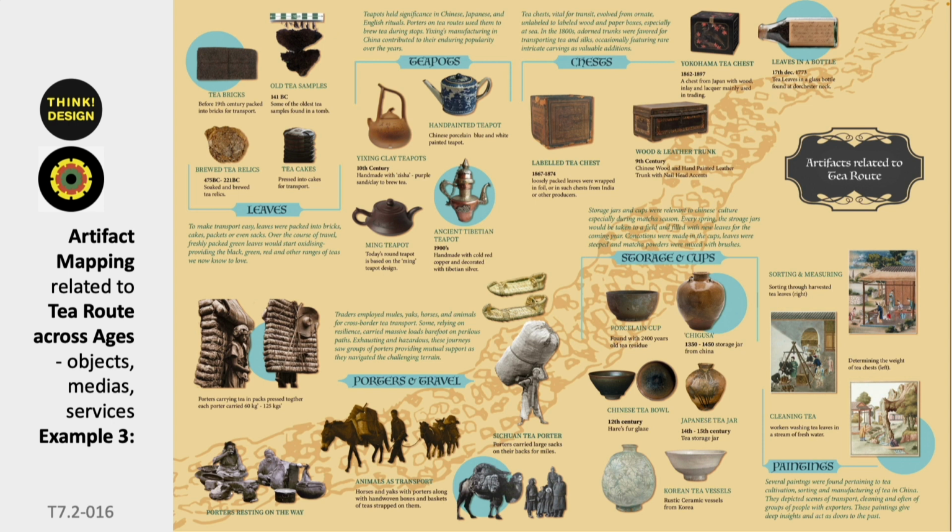You can see the transportation modes that were used, because tea was transported across very large swaths of land, and you can see the tea making on the left side top. All the pots and vessels used for making tea are mapped out there. So at one glance this map actually gives the world of the tea itself.